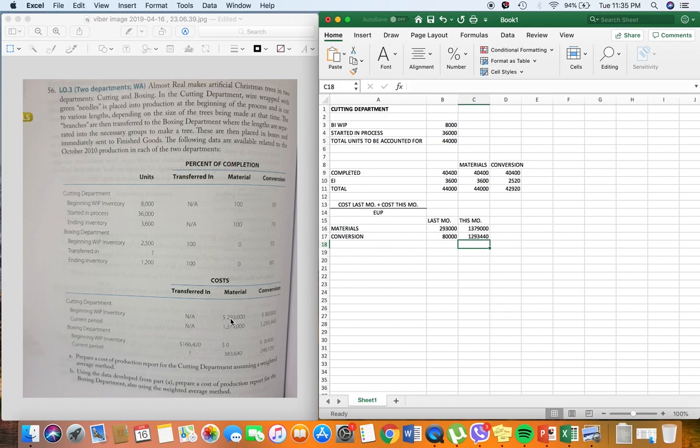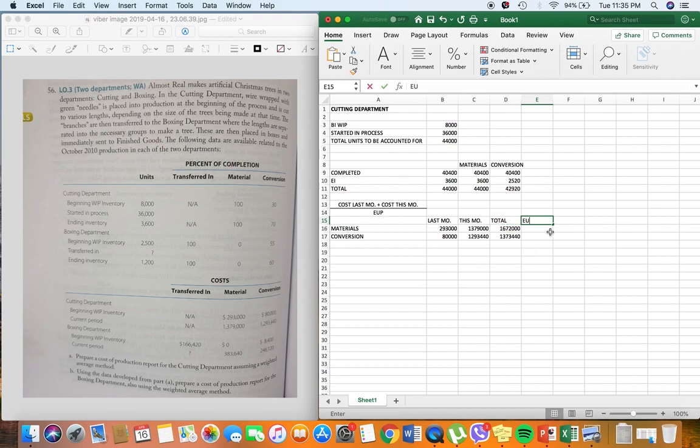By the way, the total cost to be accounted for will be computed later on. So the total cost for materials is 293,000 plus 1,379,000, which is 1,672,000, and for conversion, we have 1,373,440.